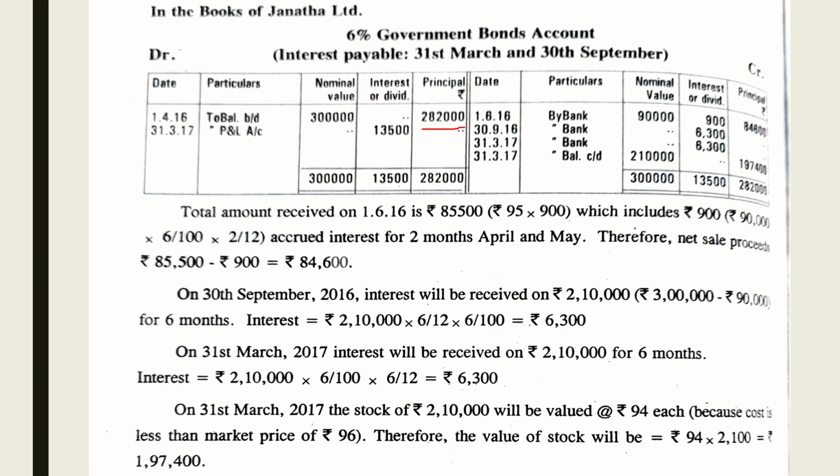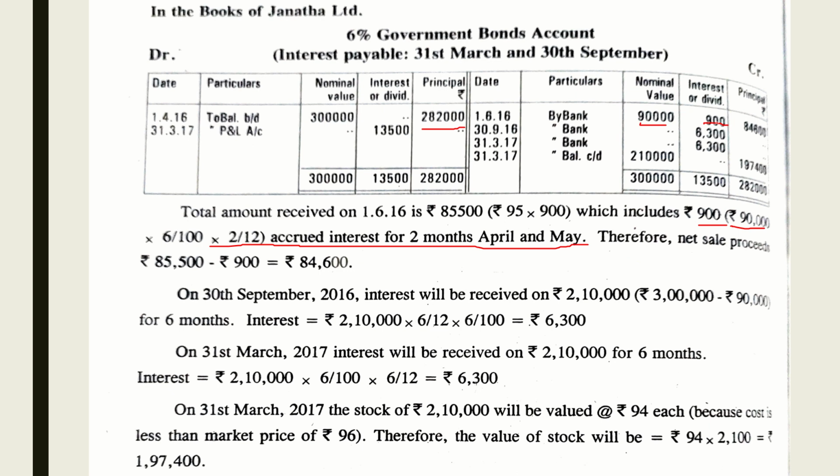So we have to calculate 2 months interest, that is 90,000 into 6% into 2 by 12. That is the accrued interest for 2 months, April and May. So that is rupees 900. So 900 will be recorded here.